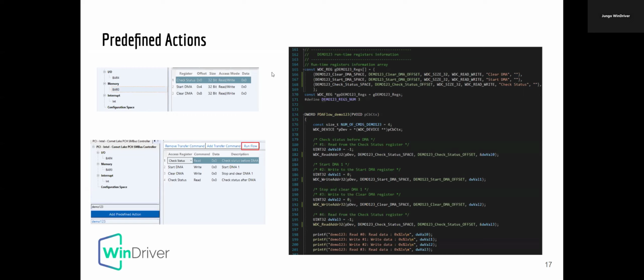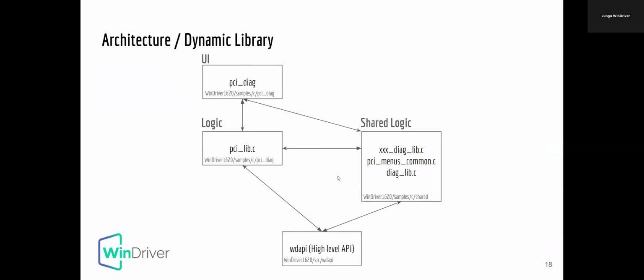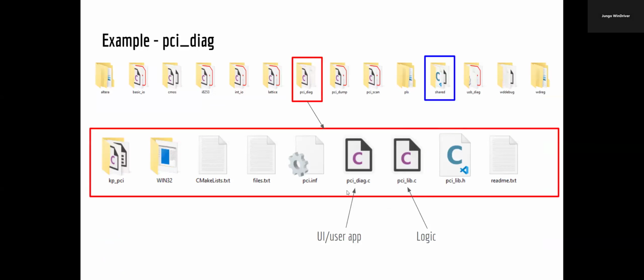Define the registers, create a predefined action flow, set it based on the offsets and the access registers, and then you can see it in the code and the application as we saw. We talked about the dynamic library. We have the UI, we have the logic, and you can take just the logic and create a separate library, including only the logic.